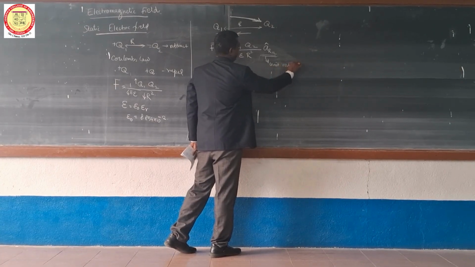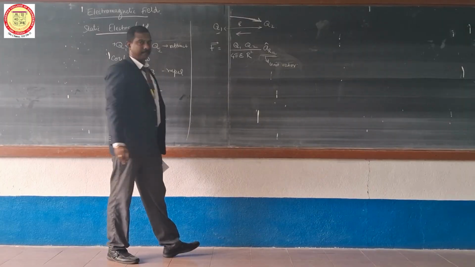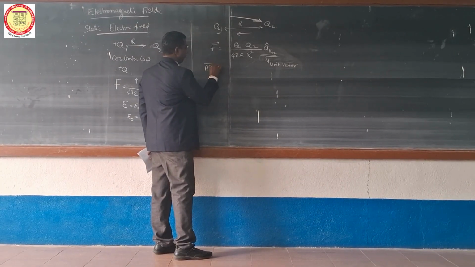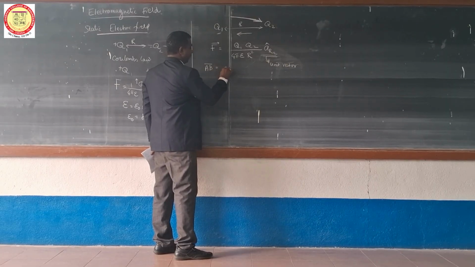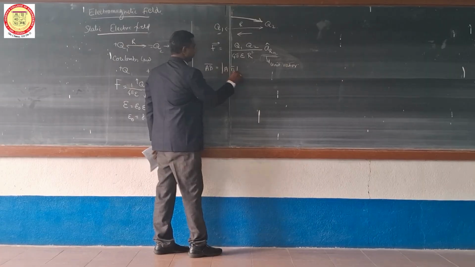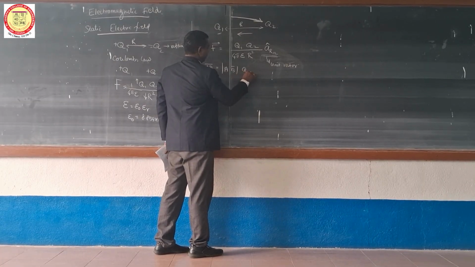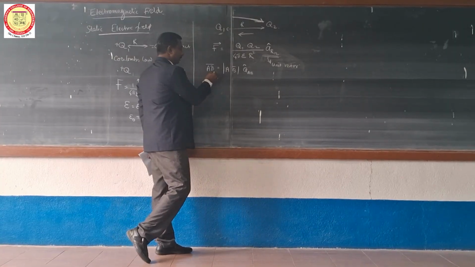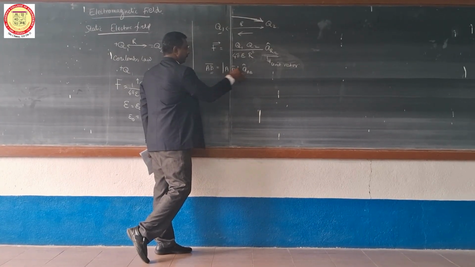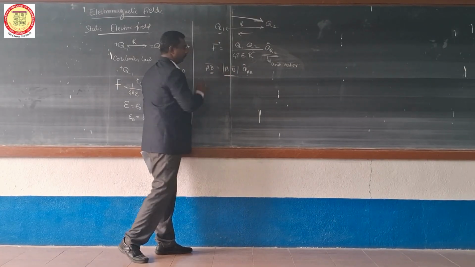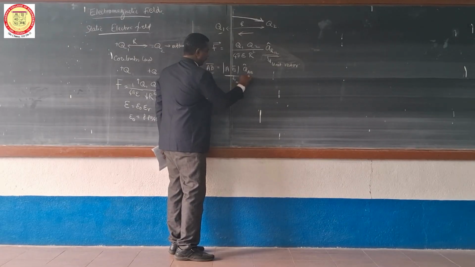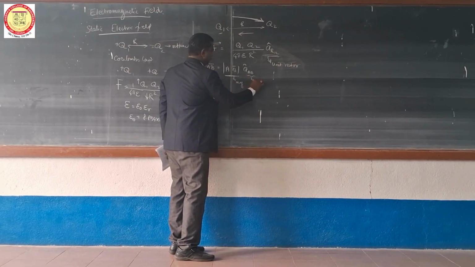Unit vector is nothing but, if you say a vector, for example, vector AB, it is represented by the magnitude of the vector and the direction of the vector. So we know vector is nothing but magnitude and direction. This component denotes magnitude and this component denotes direction.